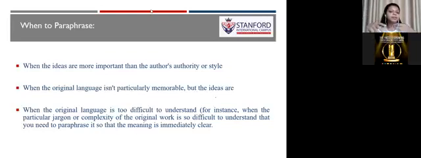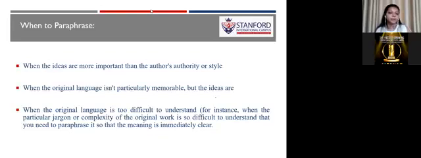In some research papers it is hard to understand how the idea is expressed. There are huge paragraphs and huge sentences, and very complex words. So when you find that the author's style of writing is not suitable, and the author's facts are more important than their writing style, you can go for paraphrasing.